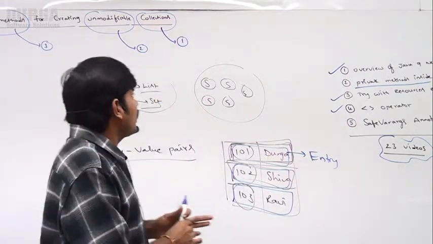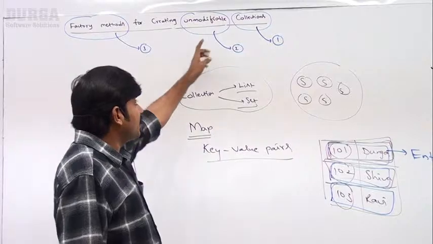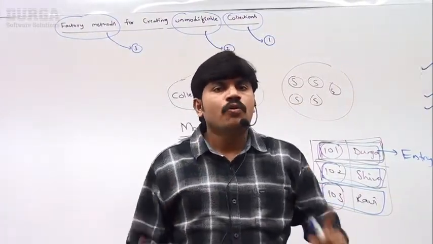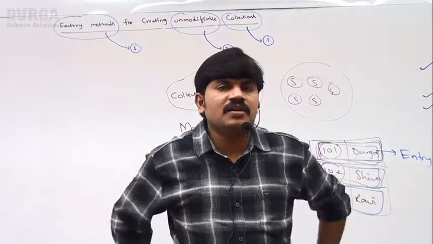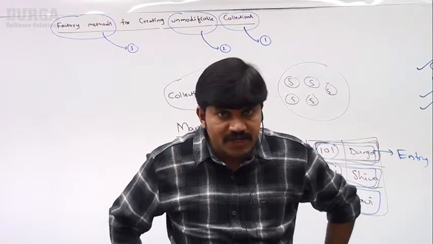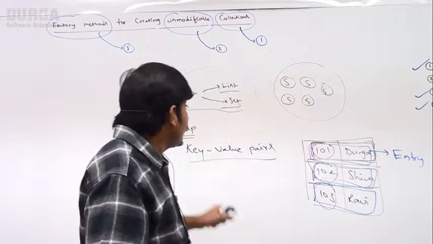So, if you want to talk about this concept in Java 9, factory methods for creating unmodifiable collection, the first word you have to know is, what is collection? Collection is nothing but a group of individual objects as a single entity. Then we should go for collection. Duplicates are allowed, insertion order preserved in the case of list.